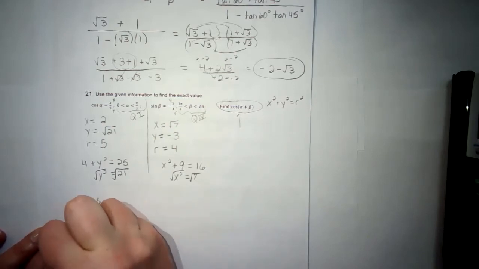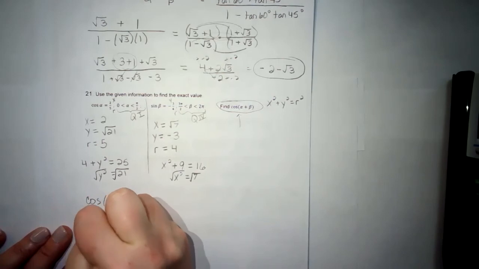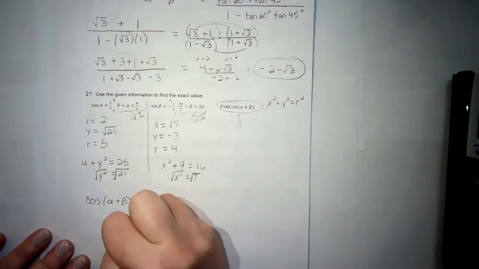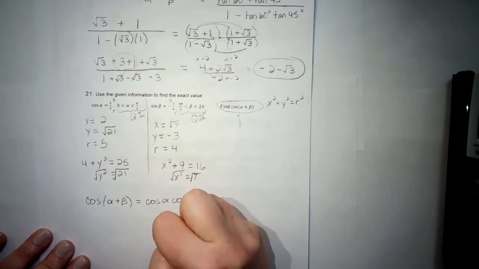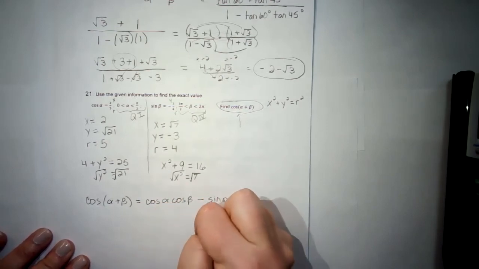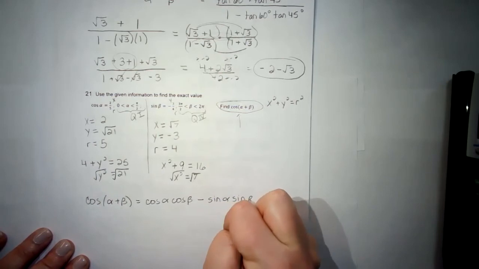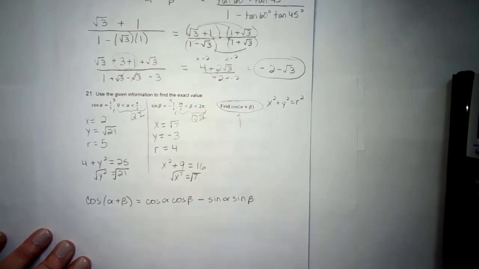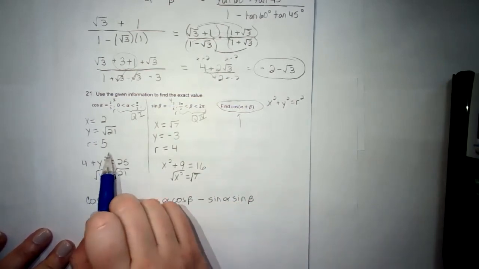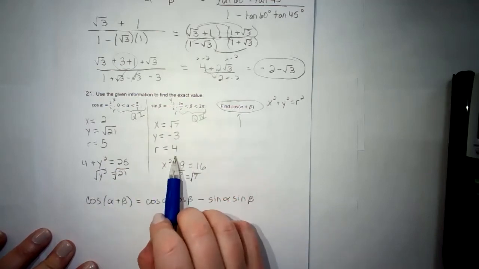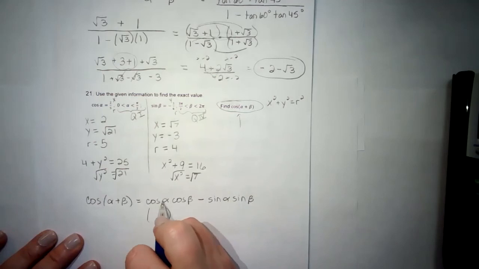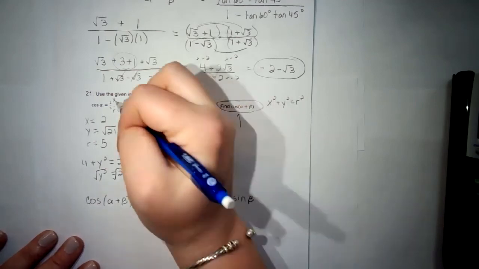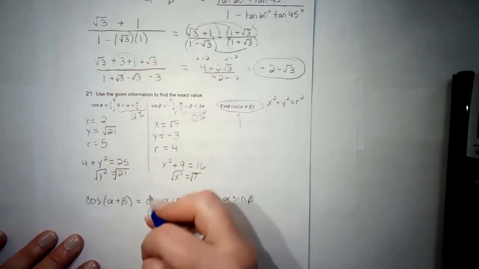So we know that cosine of alpha plus beta, according to our formula, is cosine alpha cosine beta minus sine alpha sine beta. All right, now we don't actually know what alpha and beta is, but we know the sine and cosine of each one from this information. So what we're going to have is in place of cosine alpha, we're going to have 2/5.